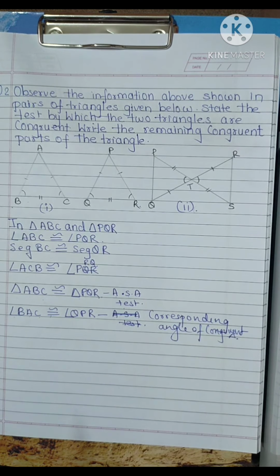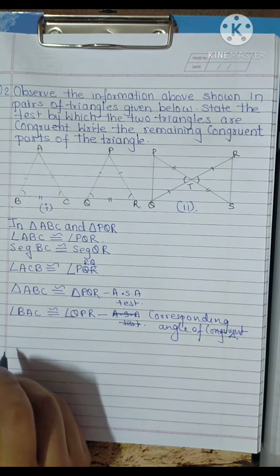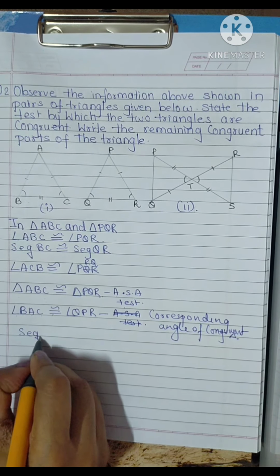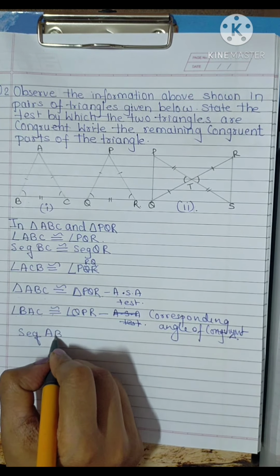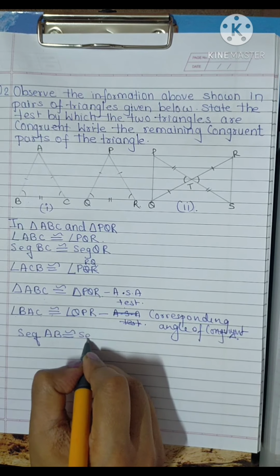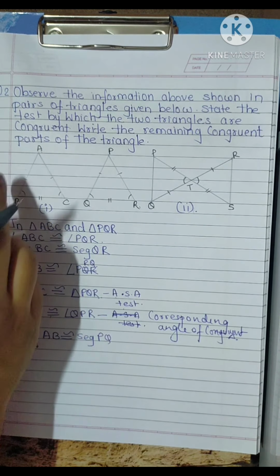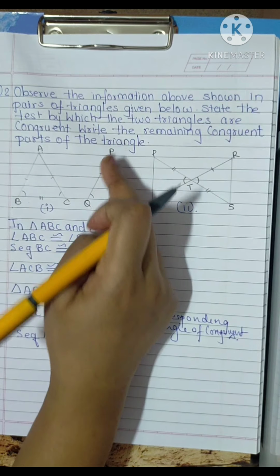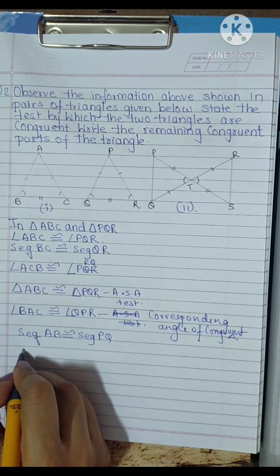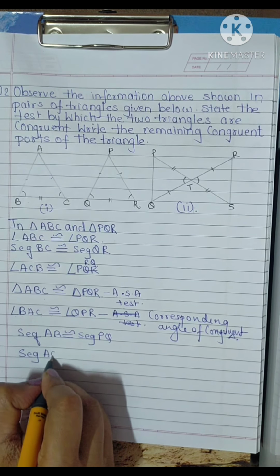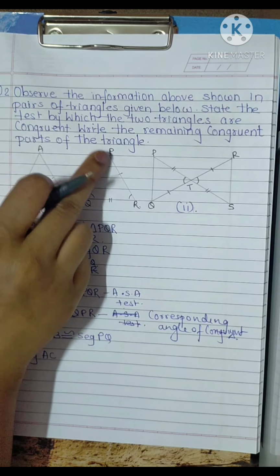Now here, as you can see, segment AB is congruent to segment PQ, and segment AC is congruent to PR.